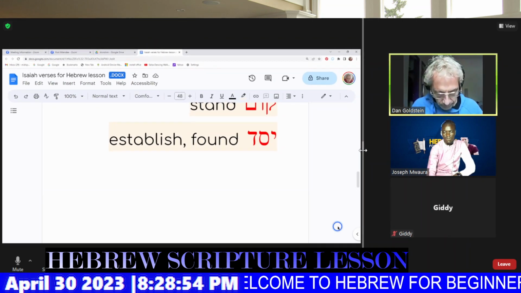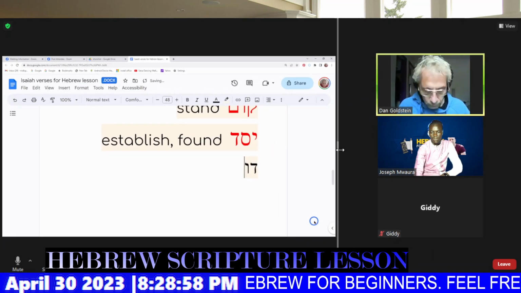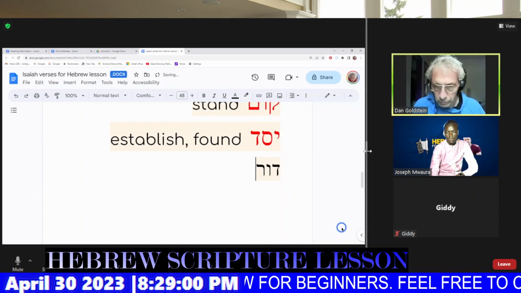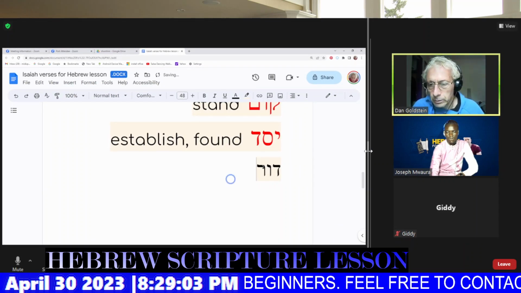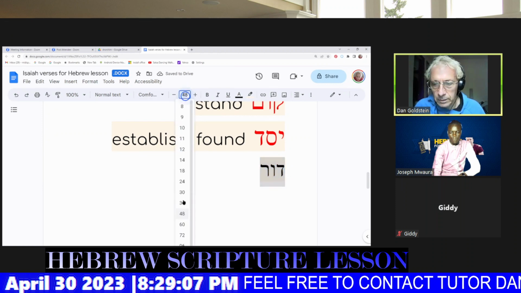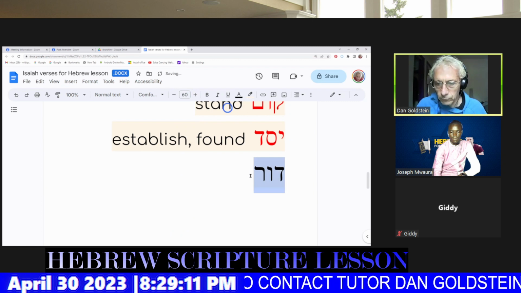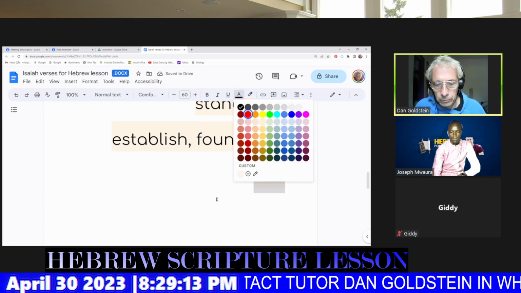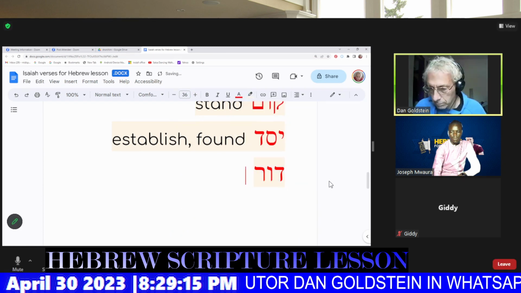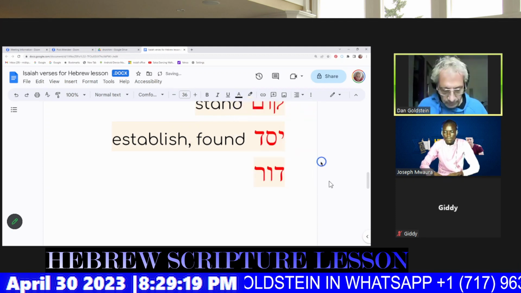So we have Daled, Vav, Resh, dor. And we'll make that 60 and we'll make it red. And then we'll come over here and we'll go to English, and we'll make it black. And that means generation.